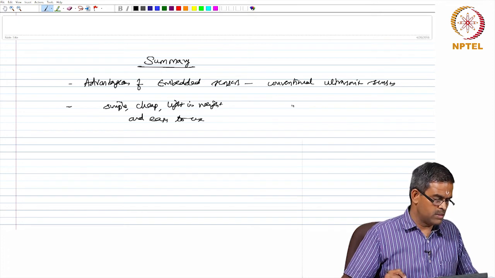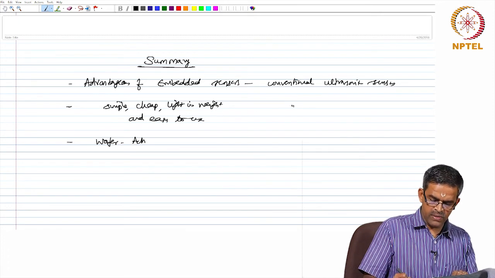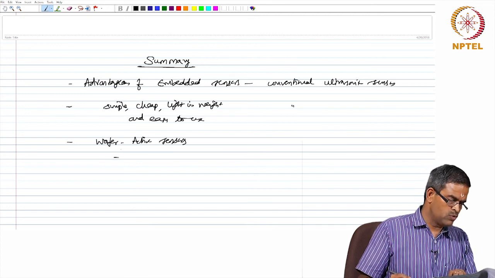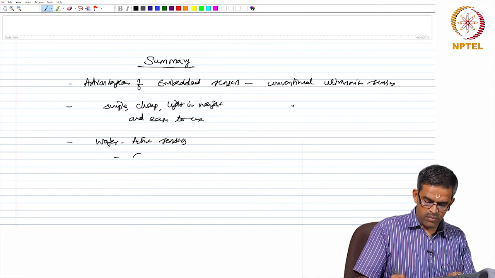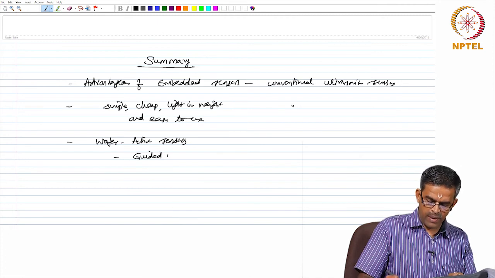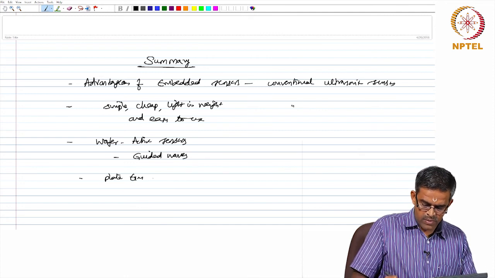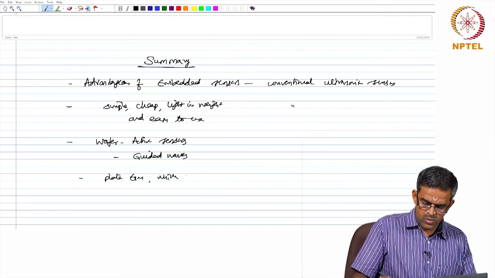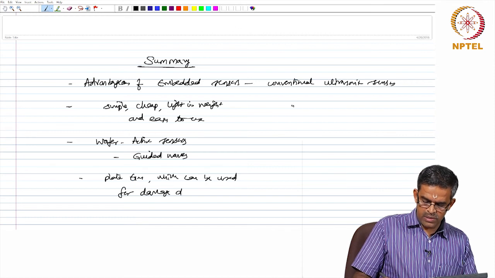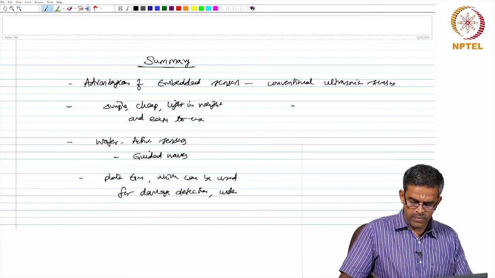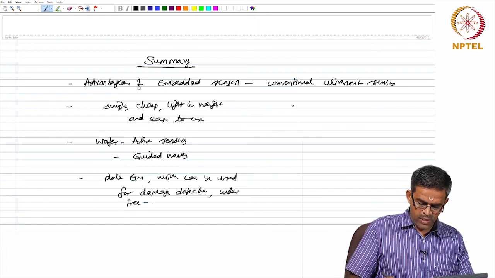In comparison to other sensors, wafer active sensors are useful for guided wave applications, using the plate equation, which can be used for damage detection under the free stress boundary condition.